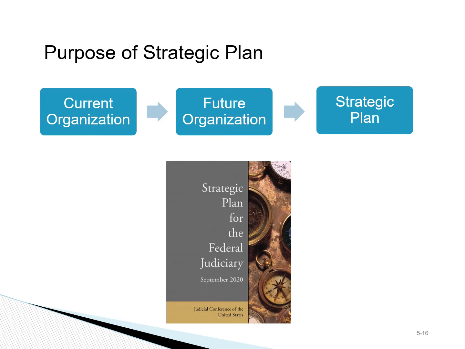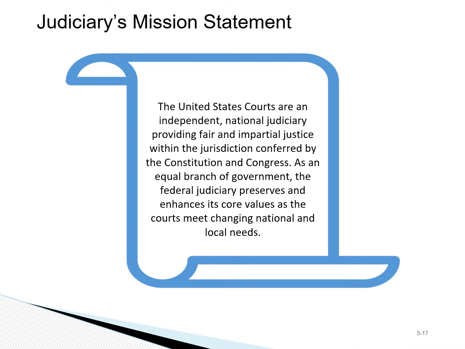You see a picture of the 2020 strategic plan for the judiciary, and you can actually access this on the internet. If you do, you will see the mission statement of the judiciary, along with many priorities that have been established as part of the strategic plan. As you notice, even though the judiciary is part of the federal government, it strives to not only meet the national needs, but also local courts' needs.